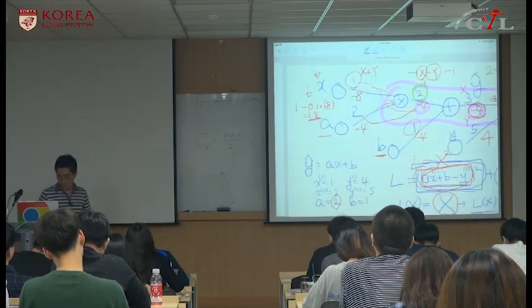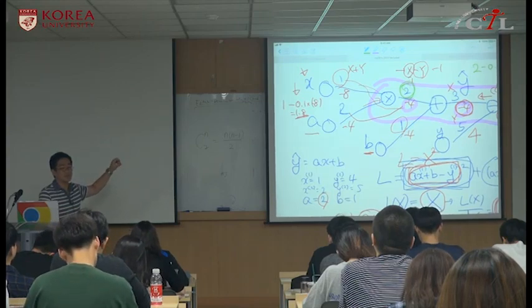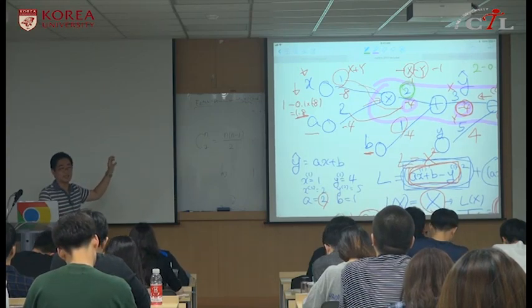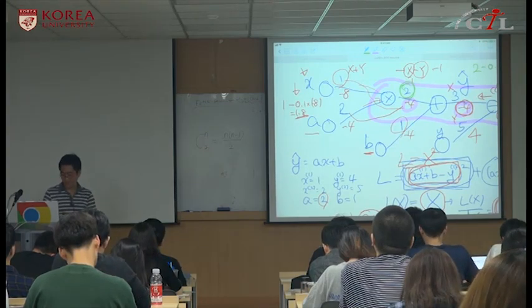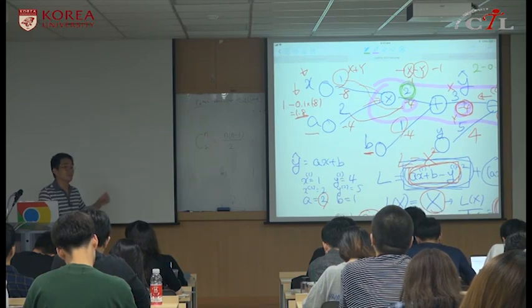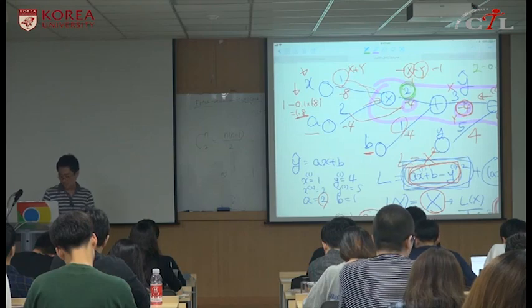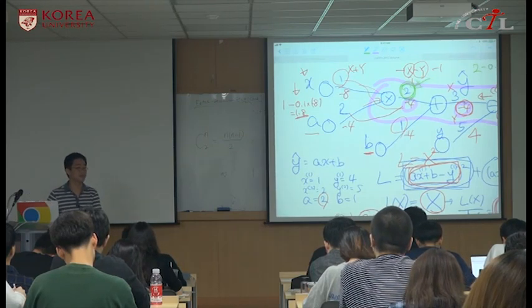So in this case, X and A can be viewed as independent variables whose values we can change, right? But those intermediate nodes are actually the output from those independent nodes, right? So it doesn't make sense to directly update this intermediate node, okay?